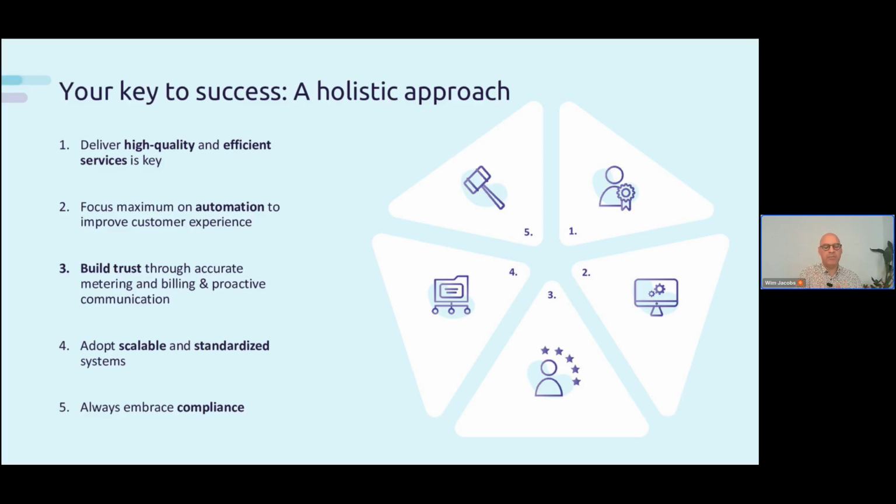If you have very proper metering data, the whole process will support you much better in your billing and your proactive communication. It really starts with good metering data. Look at how you can adopt scalable and standardized systems. And of course, we should embrace compliance, because that helps us make things more uniform and standardized.